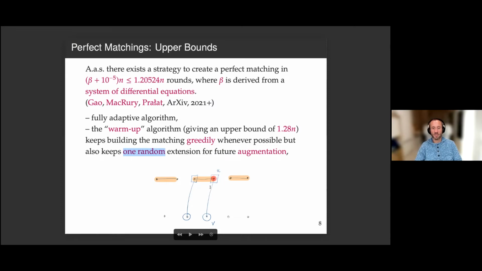And the other improvement is that, for simpler analysis, we can have random edges. So I might select my vertex at the bottom randomly, but it makes more sense to actually do it in a greedy fashion.